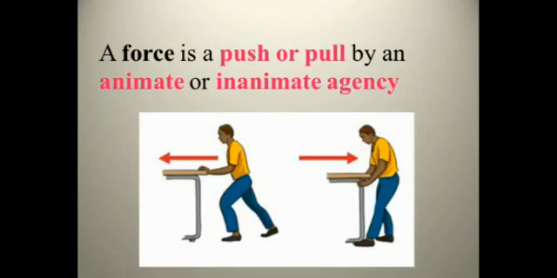In the picture, the first man is trying to push the table, whereas in the second case, the man is trying to pull the table towards him. So a force is a push or a pull caused by an animate or inanimate agency. Animate is a living agency, whereas an inanimate agency is non-living; it lacks the ability to move.